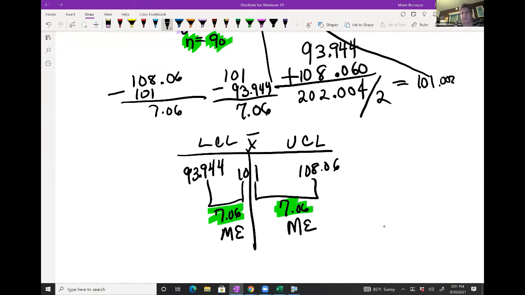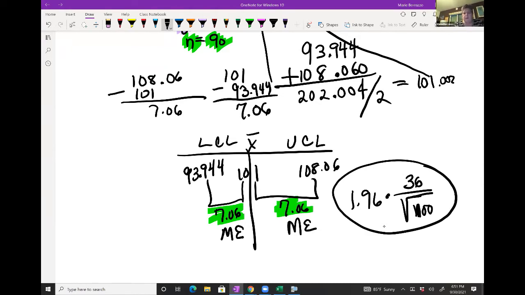It is the result of 1.96 times the square root of 36, divided by the square root of n, which was 100 in our case, right? Let's do the math for this part. If you take the 36 and divide it by the square root of 100, which is basically 10, you're basically dividing 3.6 now, or multiplying 3.6 times 1.96, which is approximately 7.06 if you round it to decimals.